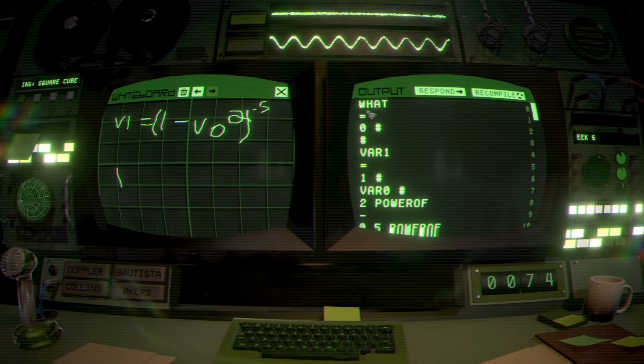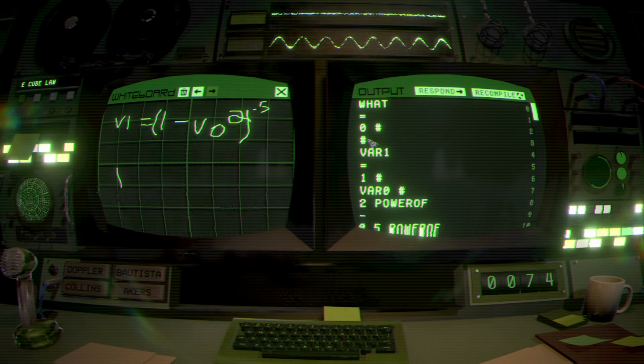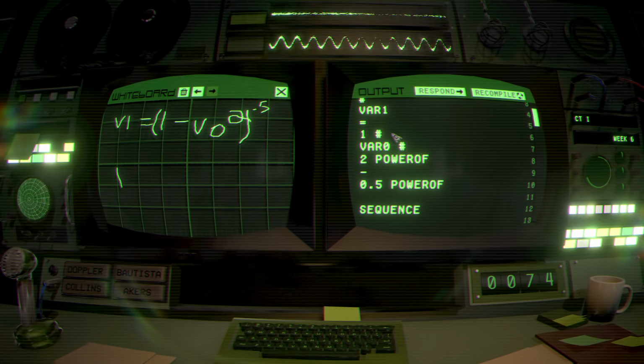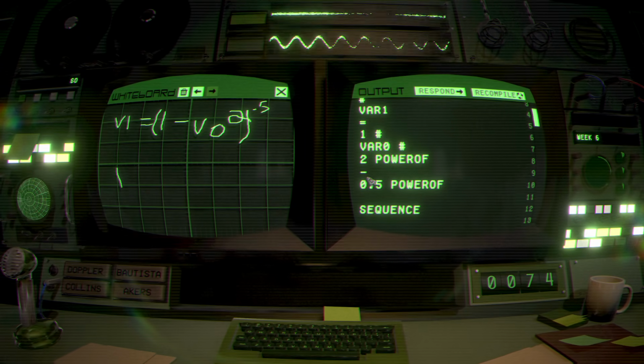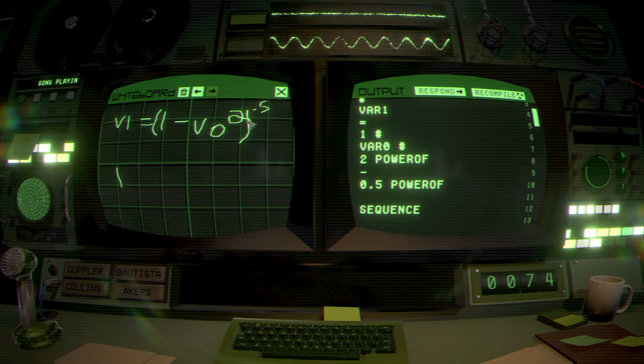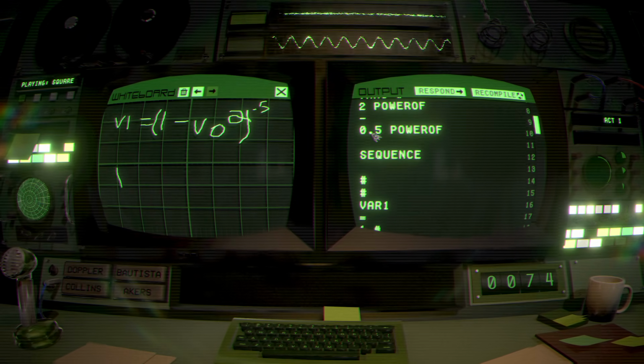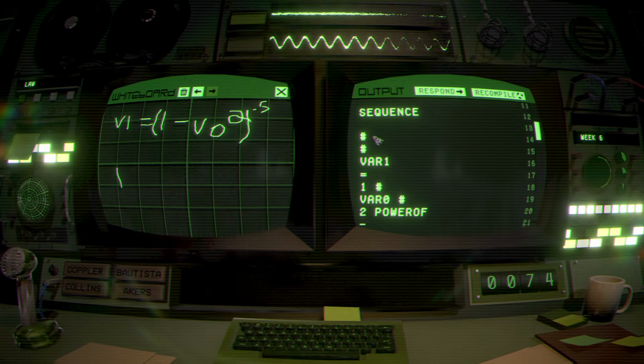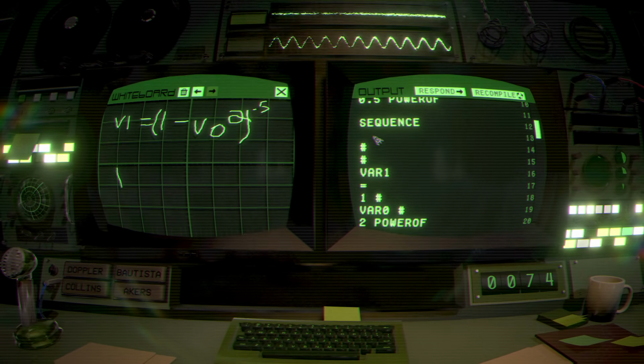Look at this. Variable 1. So what equals 0? Variable 1 equals 1 minus 0 to the power of 2, to the power of 0.5. Sequence. There is no sequence.